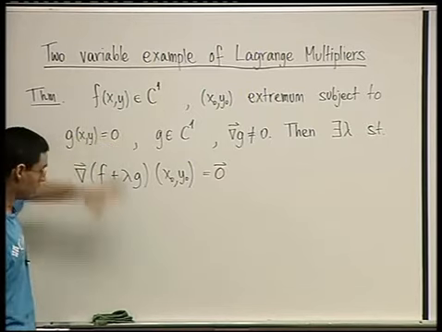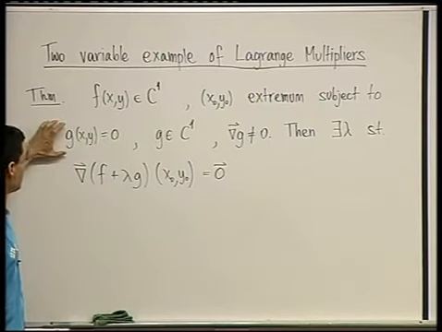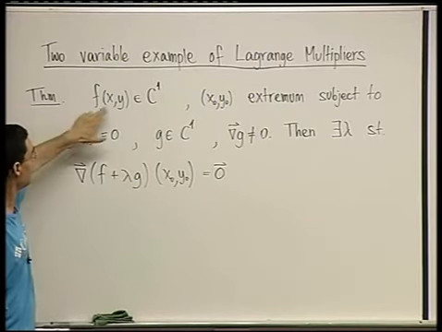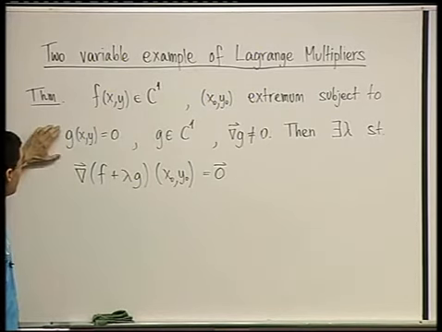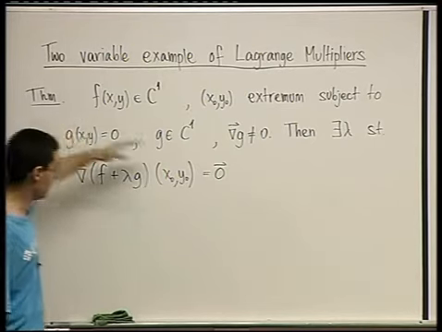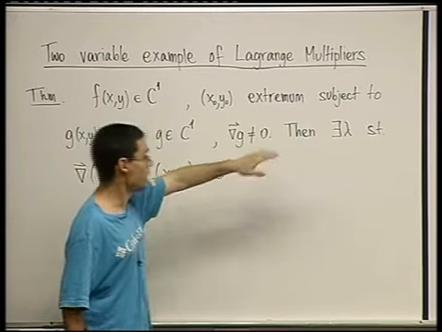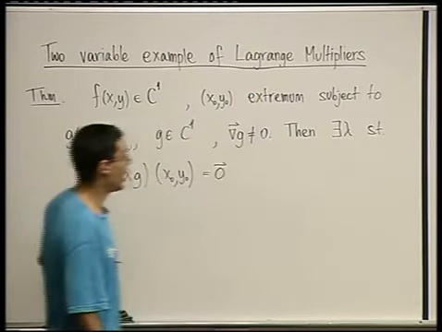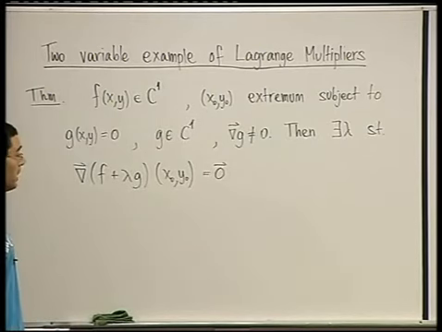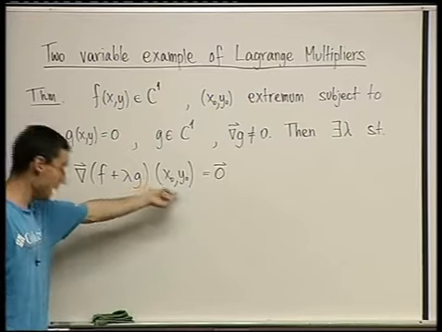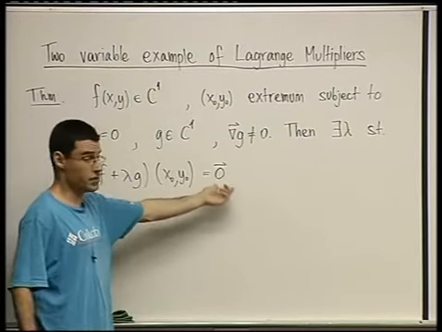So this is some relation between x's and y's that restricts the points that we're looking at, seeking the extrema for f. We're assuming that g is also a C1 function and that the gradient of g is non-zero. Then there exists a constant, a real number lambda, such that the gradient of f plus lambda g at that point is 0.